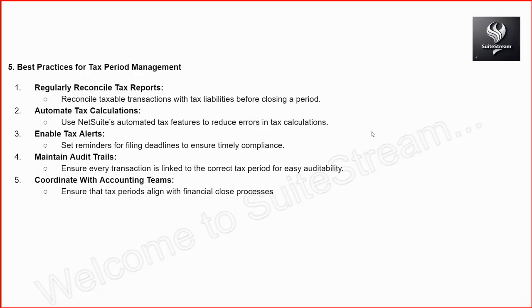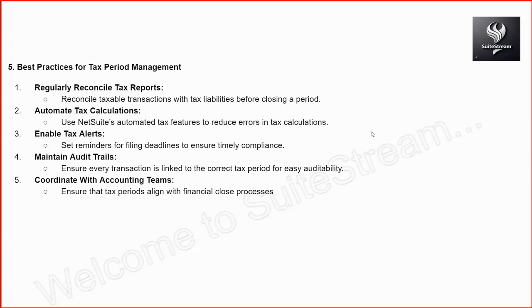Best practices for tax period management. Regularly reconcile tax reports: reconcile taxable transactions with the tax liabilities before closing a period. Automate tax calculation: use NetSuite's automated tax feature to reduce errors in the tax calculation.